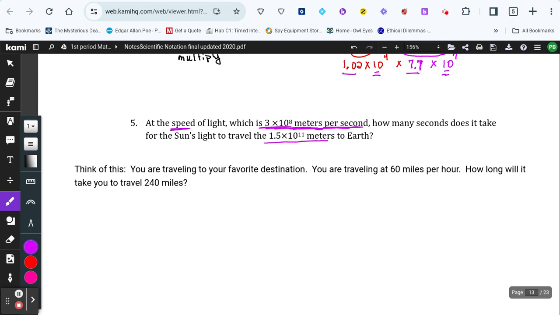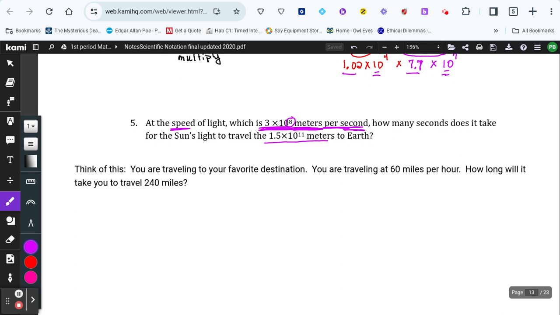And a meter is, so imagine a meter being like from the floor to my doorknob in my classroom, up to the doorknob. That's about the length of a meter from the floor up to the door handle, okay? So it can go this many of those lengths every second, which is a lot, because 6 zeros would just be a million.